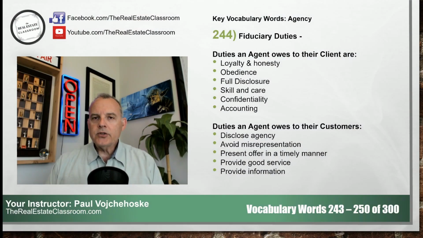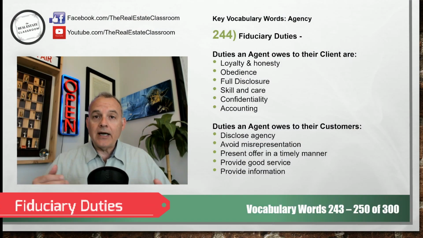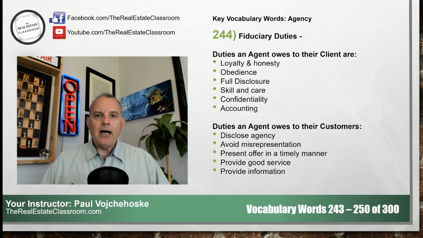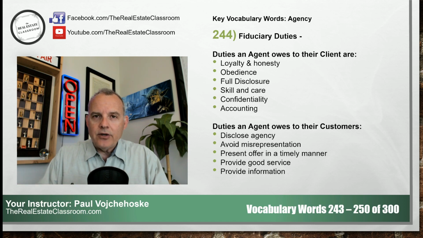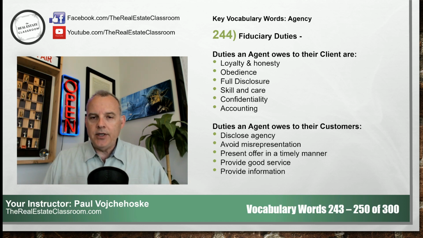All right. So, number 244, I want to talk about those fiduciary duties. Now remember, when a seller, a buyer, a tenant, or an owner, in the case of a leasing situation or a property management situation, hires that agent or licensee to represent them, then that agent owes their client these fiduciary duties.